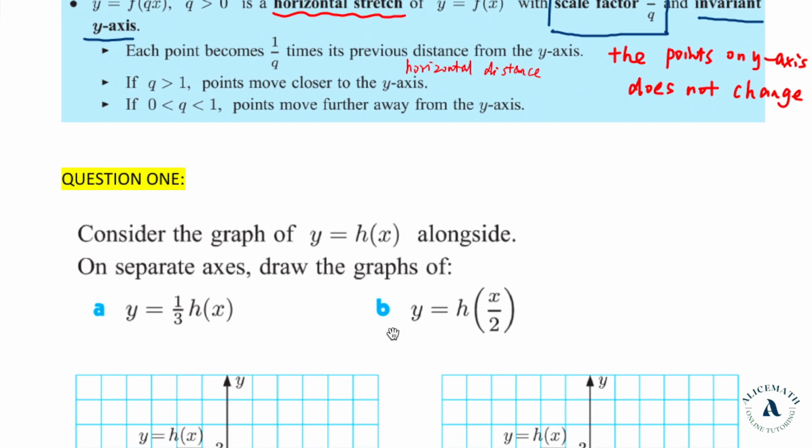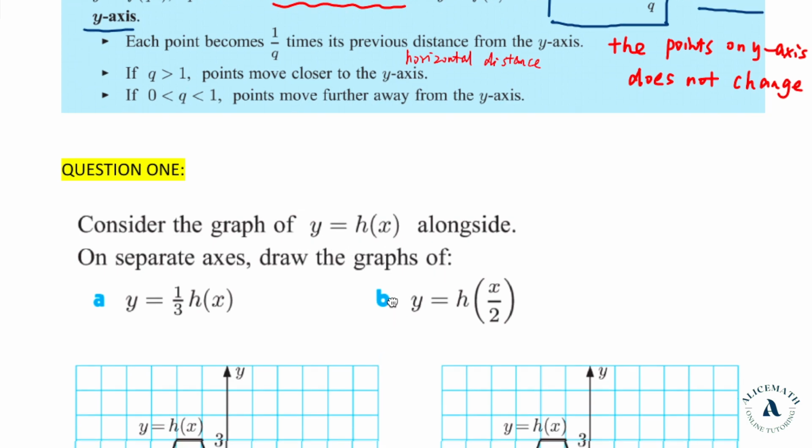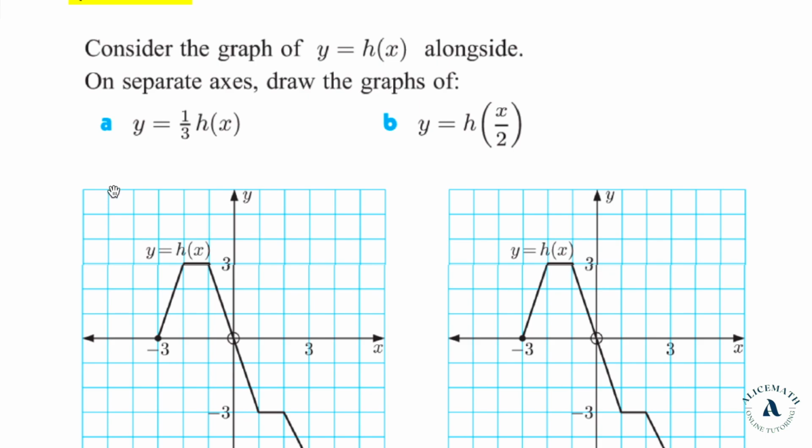Question 1. Consider the graph of y equals h(x) alongside, and on separate axes, draw the graph of y equals 1/3 of h(x), and another one, y equals h(x/2).